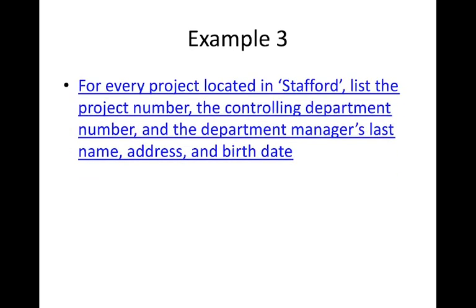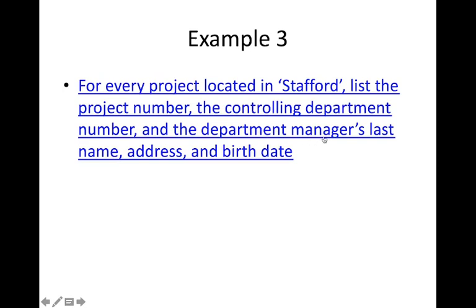Next we will see another example of a select project join query where we specify two join conditions. This is a query: for every project located in Stafford, you know that project details are in the project table. List the project number, which is also in the project table, then the controlling department number and the department manager's last name, address and birth date.